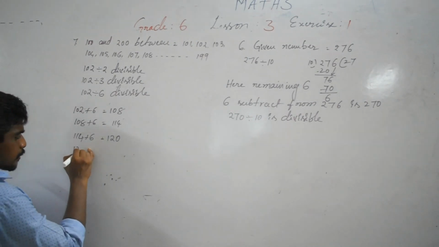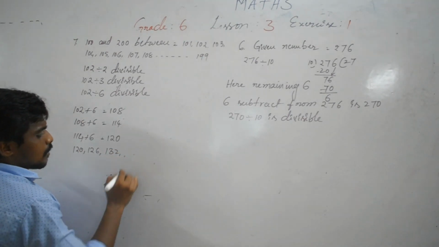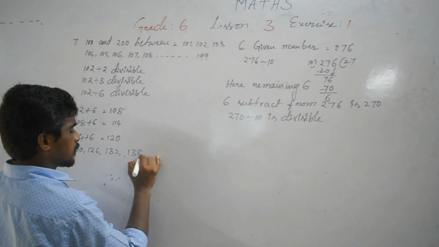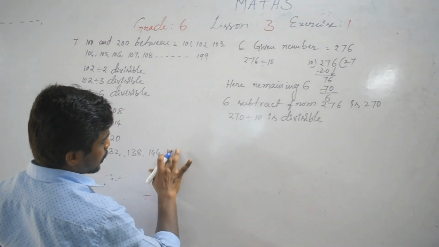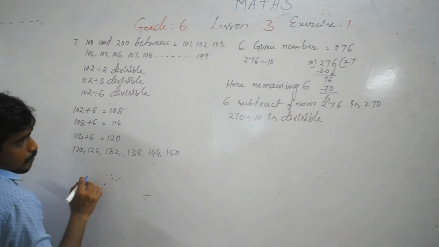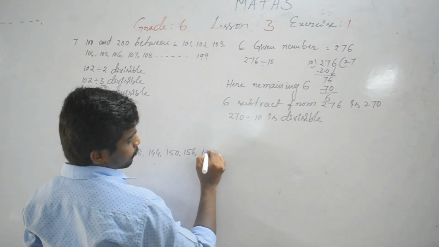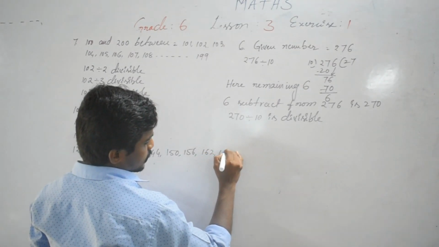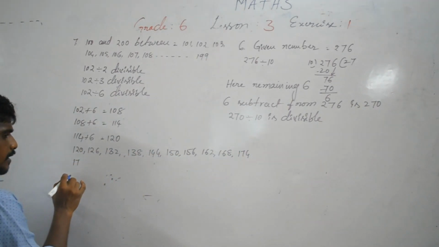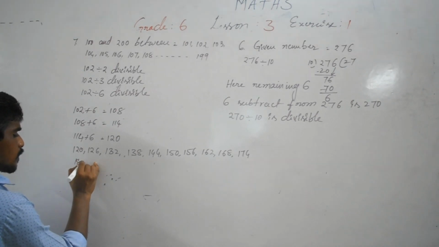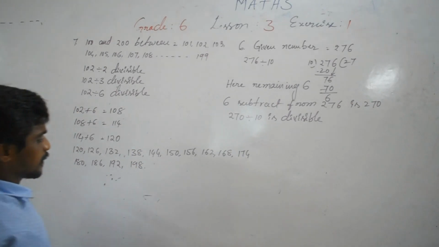So 120, 126, 132, 138, 144, 150, 156, 162, 168, 174, 180, 186, 192, 198.